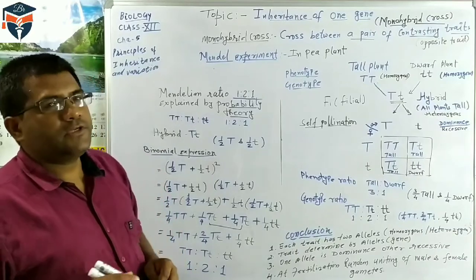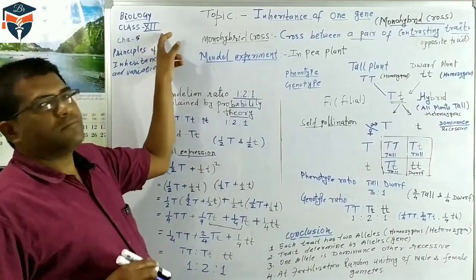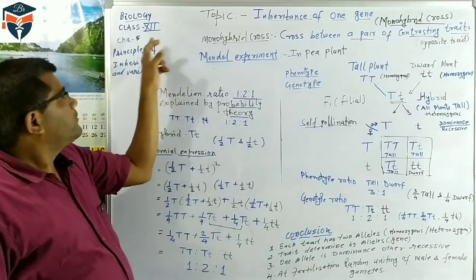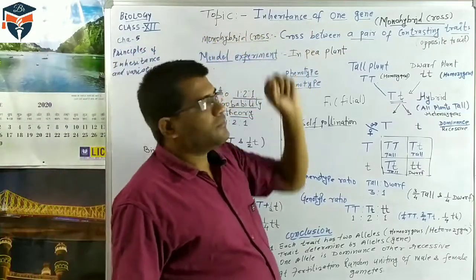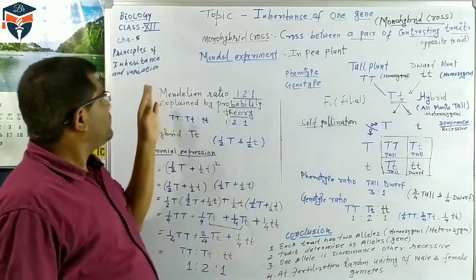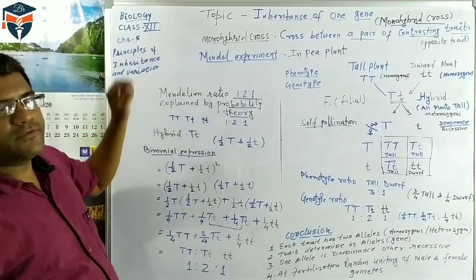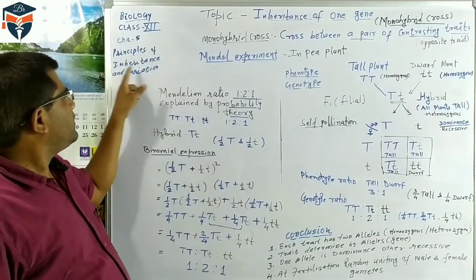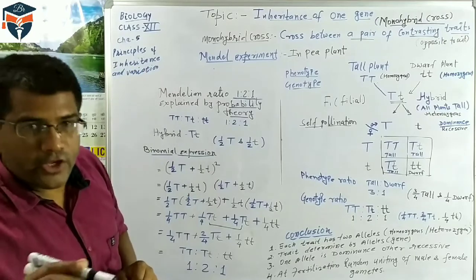Today we are discussing the class 12th biology topic, inheritance of one gene, from chapter 5, Principles of Inheritance and Variation.